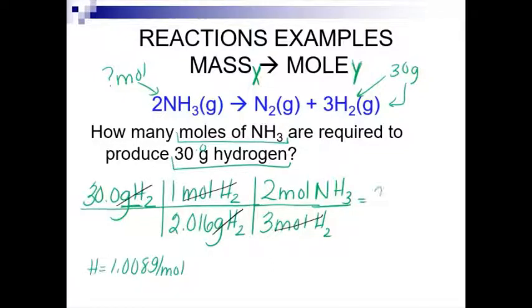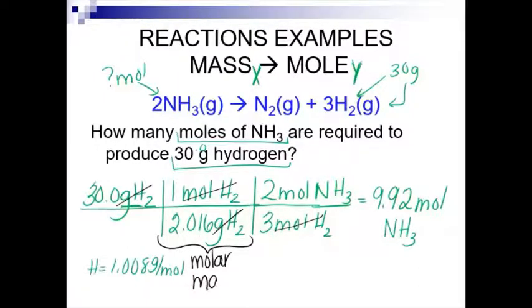So the answer is 9.92 moles of ammonia. So let's examine this. I first used the molar mass to convert from grams into moles of hydrogen. I had to in order to use the mole ratio. And I got the mole ratio from the balanced equation, and I got the molar mass from the periodic table.